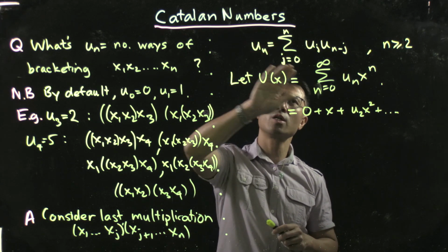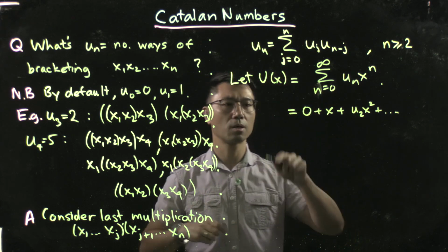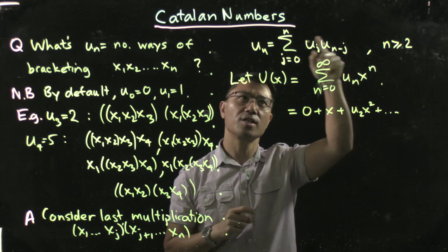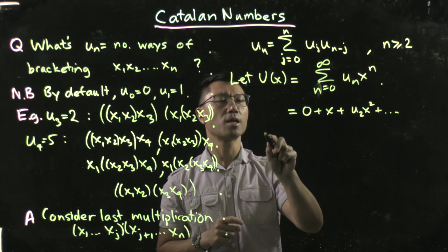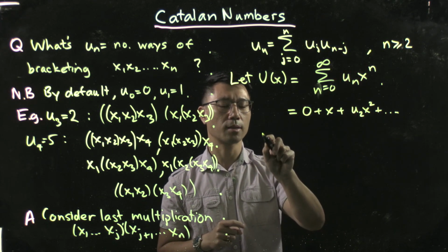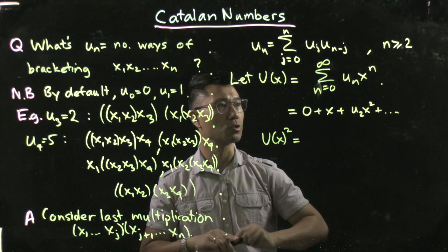Now what we're going to do is use this relation, and this tells us something about the generating function. In fact, hopefully you can see that these are the coefficients that you get in the Cauchy product. So let's have a look at u(x) squared. What's that equal to?